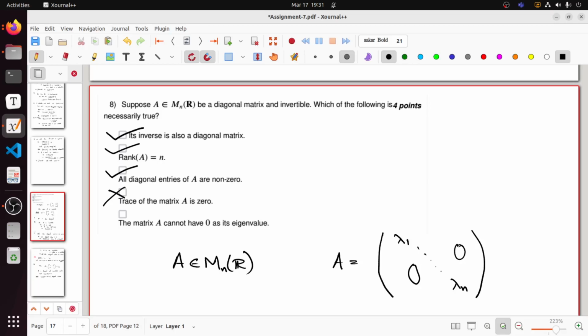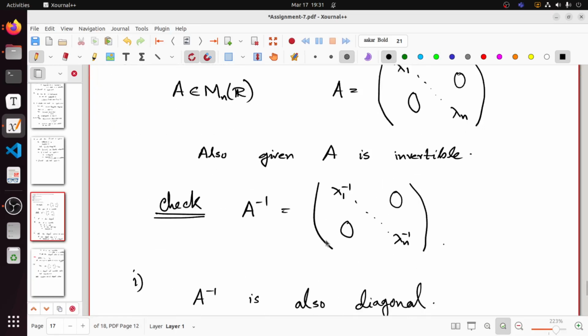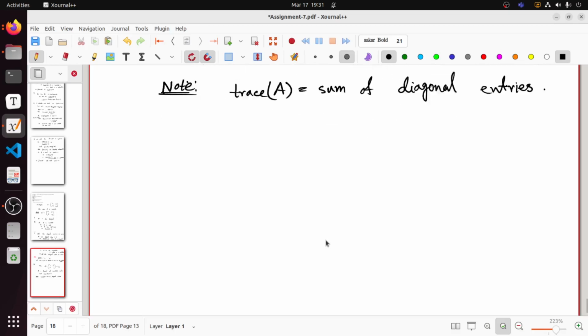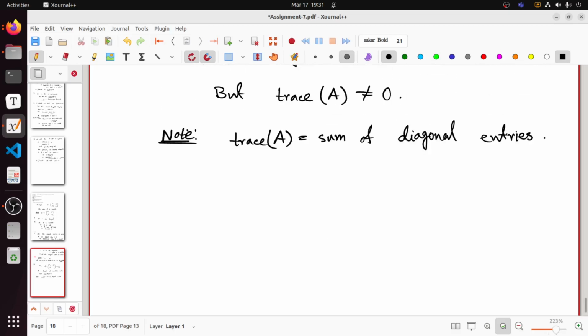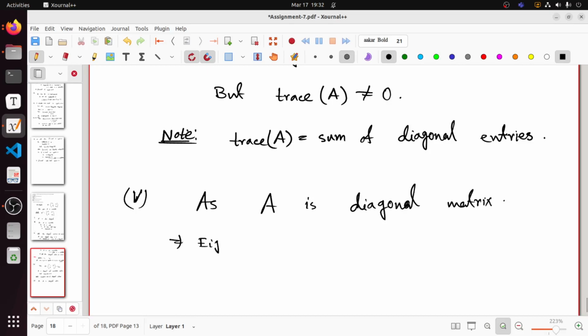Now let's check option number 5. The matrix A cannot have 0 as its eigenvalue, right? So this is option number 5. As A is a diagonal matrix, the eigenvalues are the diagonal entries, right?